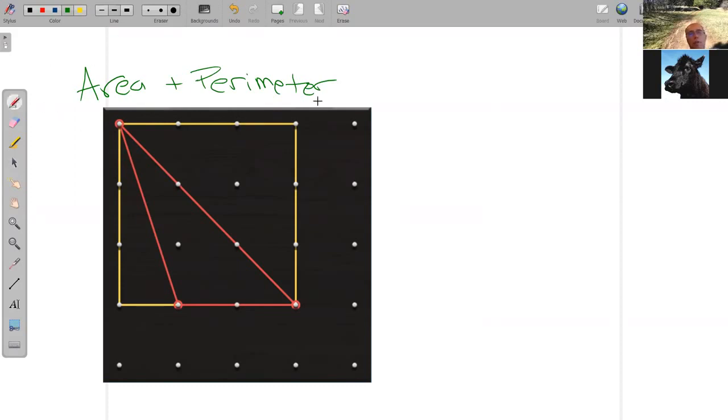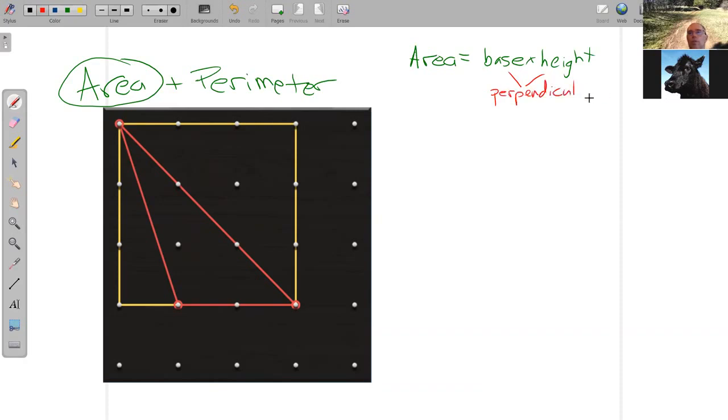So the basis we were going off of for area first is that the basic idea of area comes from a square or a rectangle, which is just base times height. And this base and the height have to be perpendicular to one another, so they have to make a right or a square angle.